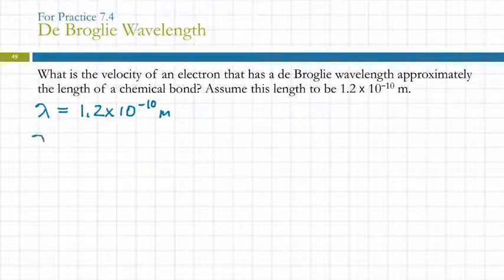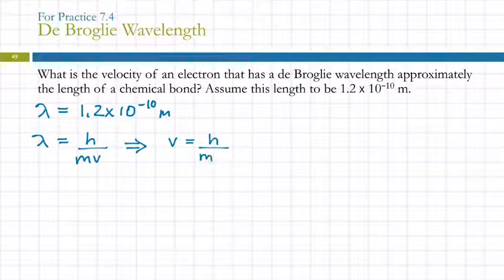Well, we've got that de Broglie relation: the wavelength is equal to Planck's constant divided by the mass times the velocity. We could rearrange that equation. I'm not going to do that, but velocity equals h over m lambda, just solving for velocity.